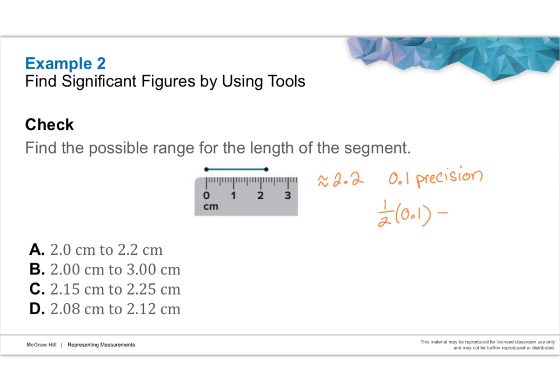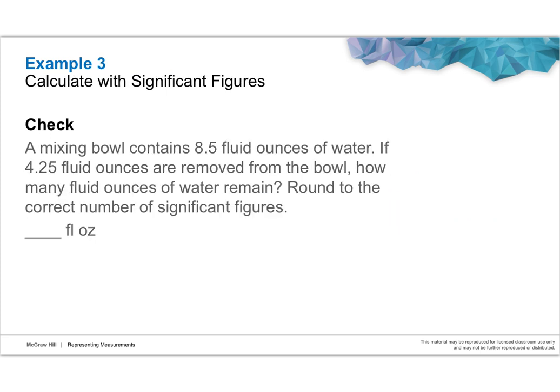Half of 0.1 is, of course, 0.05. And so less 0.05 from 2.2 gets me to 2.15, and we really only have one range in our answer here that works, and so that's choice C.